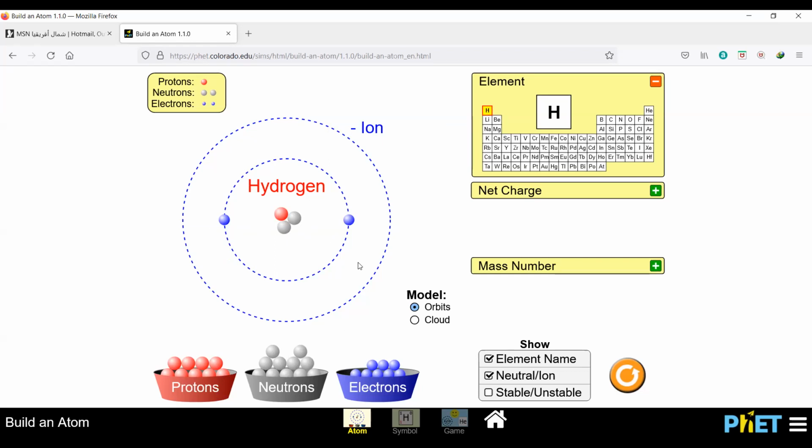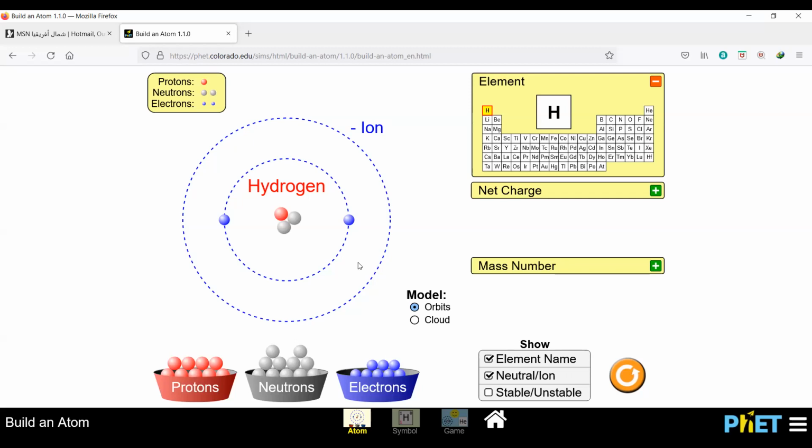Yes, Tuqa Muhammad, what are atoms consisting of? Two main things. What are they? Hello? Yes. The nucleus and the electrons.